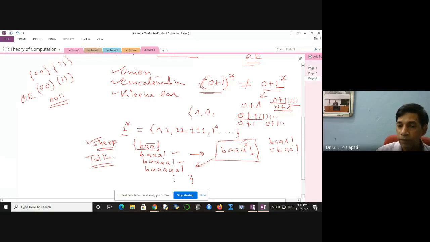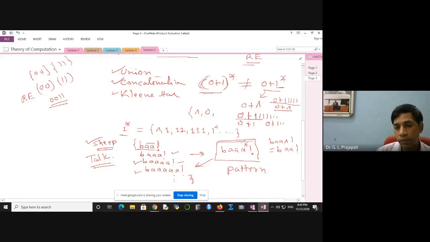So with the help of the regular expression, now see, this is the pattern. This is a simple pattern you have. And if you want, somebody may write in the text the sheep talk like this. Somebody may write the string like this. And you are supposed to find out the sheep talk in the text.